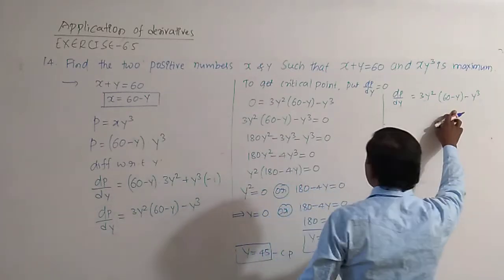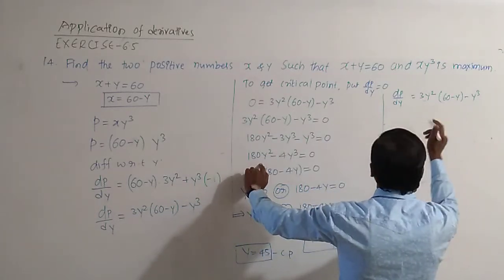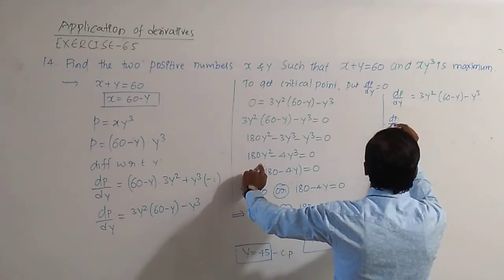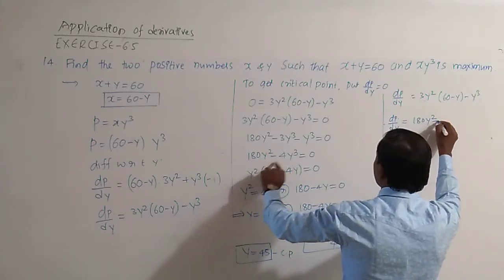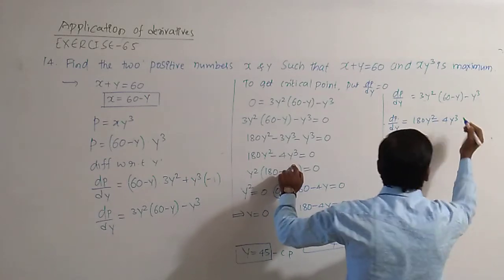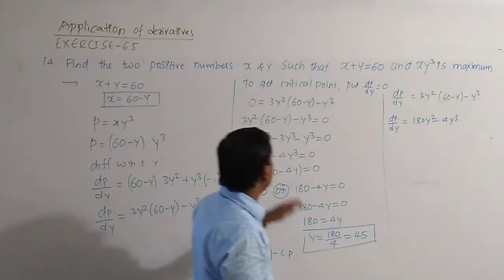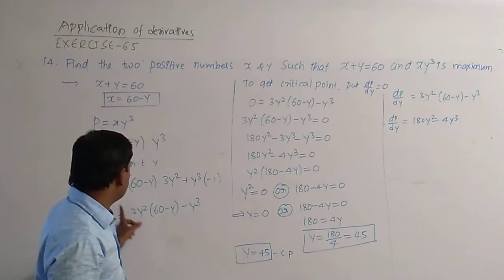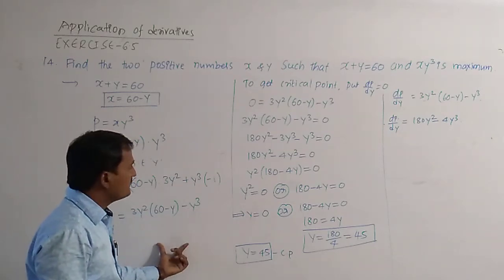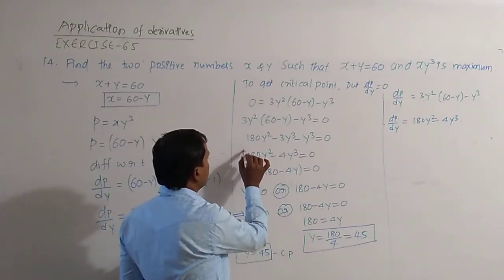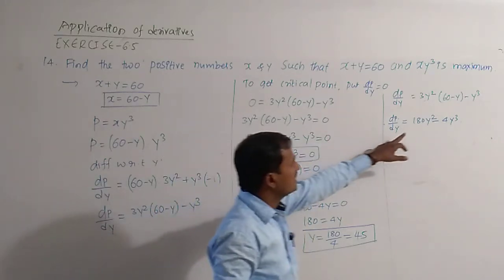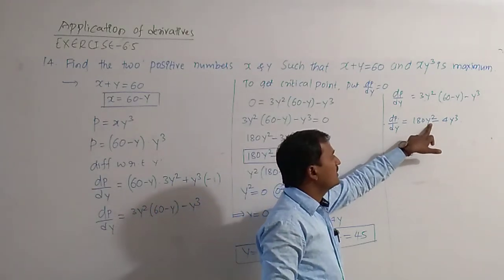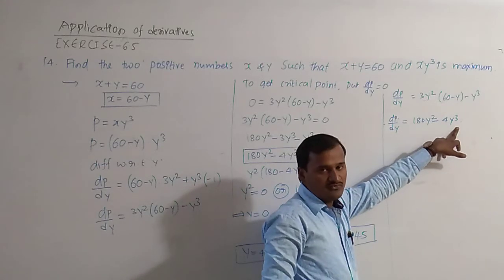If you simplify this, we get dP upon dy equal to 180 into y square minus 4y cube. After simplification of dP upon dy, you are getting this result. The same result I have written here: 180 y square minus 4y cube.